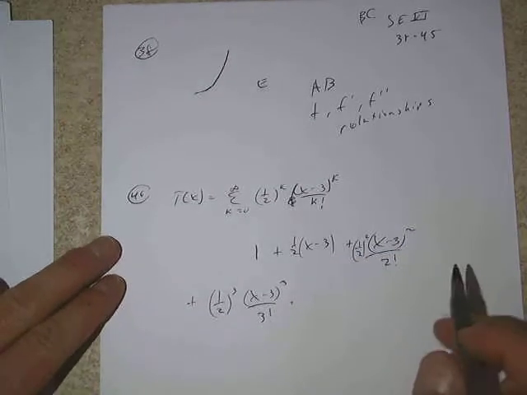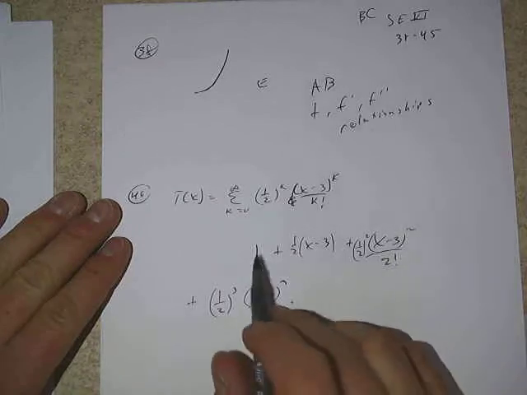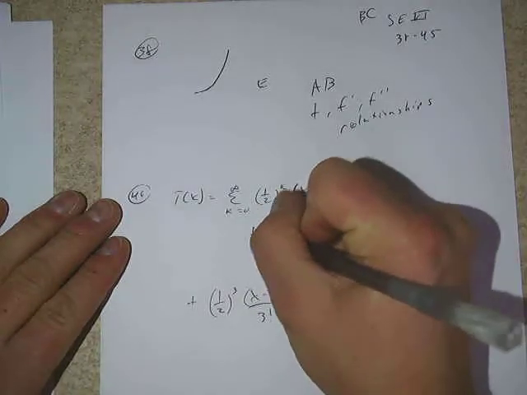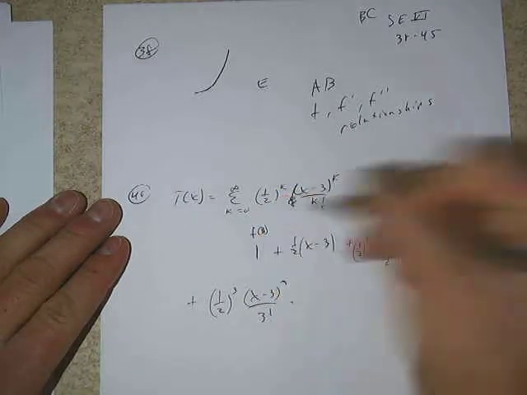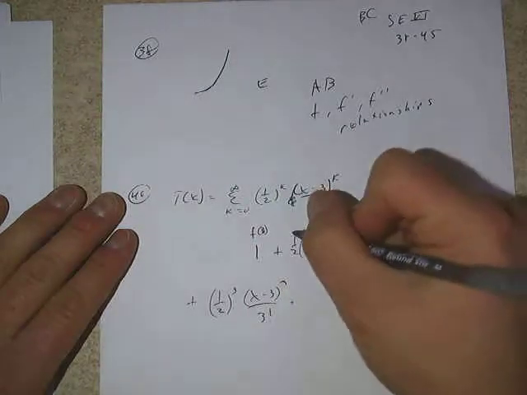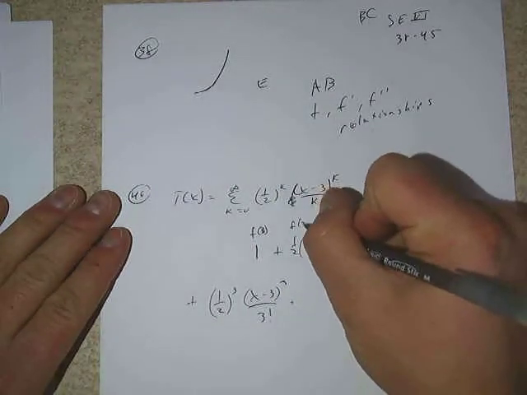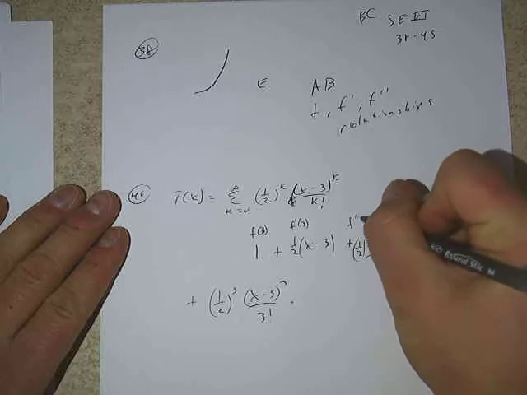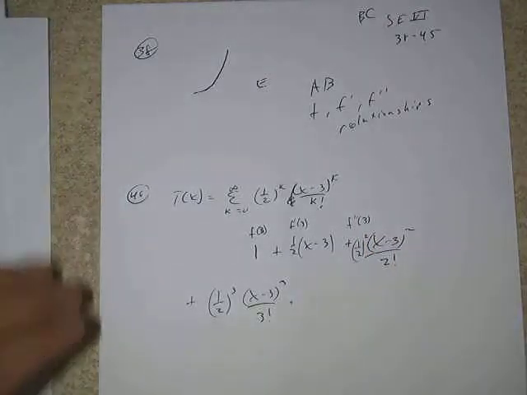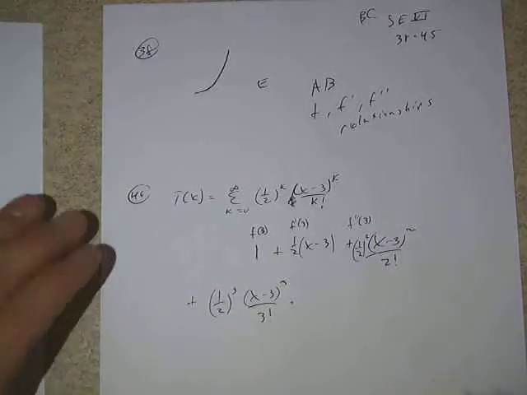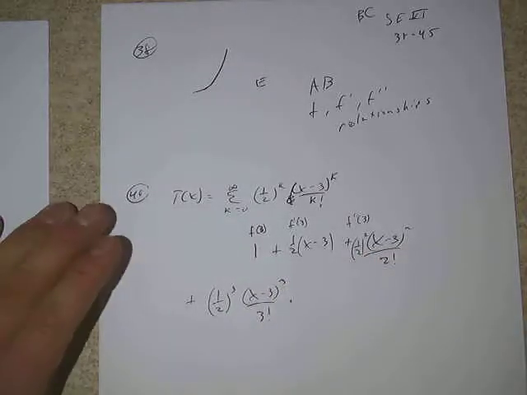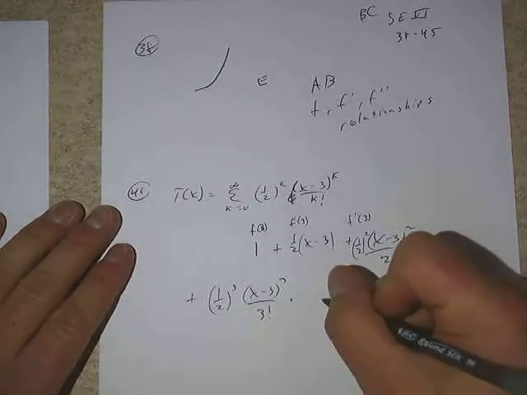And ultimately, when I get to my 10th term here, remember, ultimately just to put some notes on here, this is our f of 0, well in this case it would be f of 3 because our center's at 3, so this would be our f prime at 3, f double prime at 3, and so on.